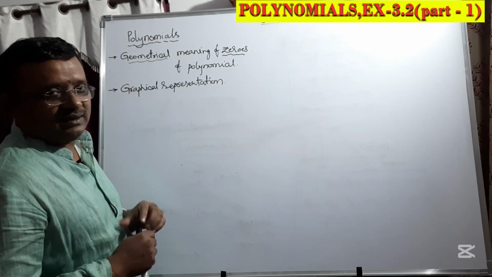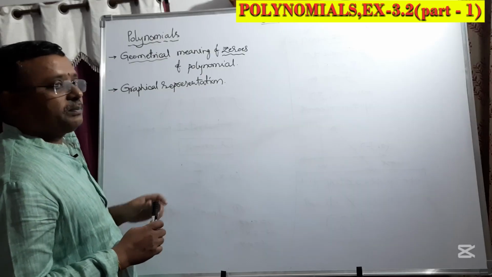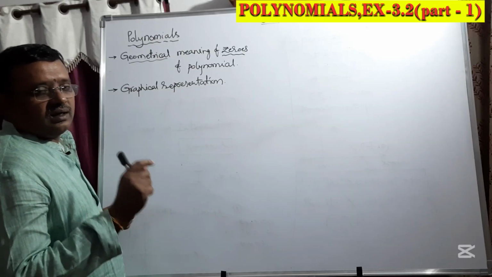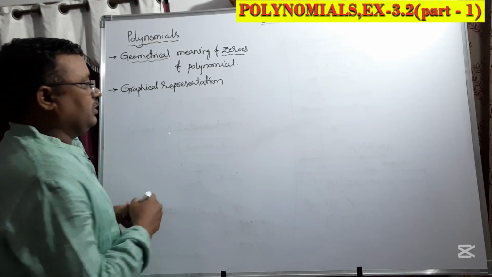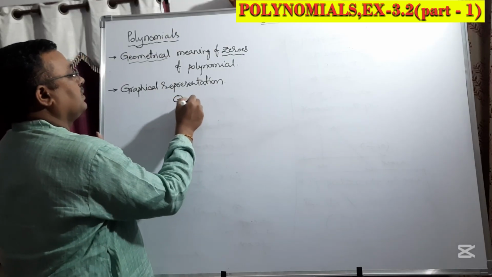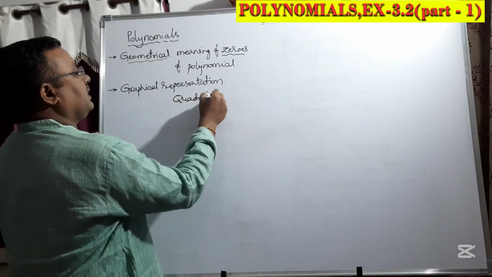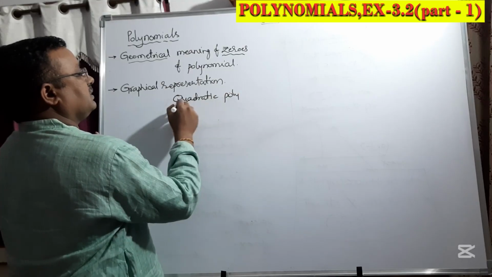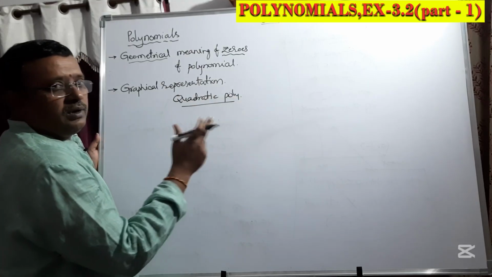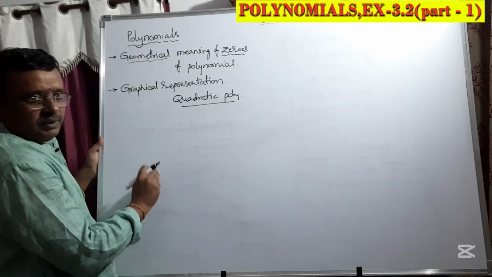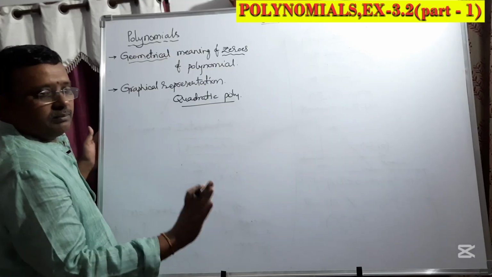After that simple concept, what is the graphical representation of a quadratic polynomial? I already explained the graphical representation of a linear polynomial and gave some examples.